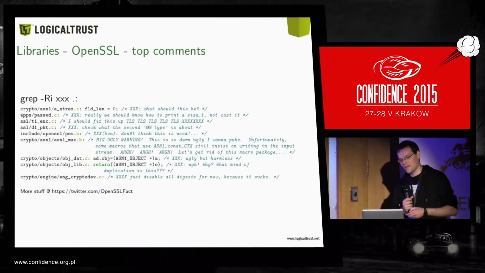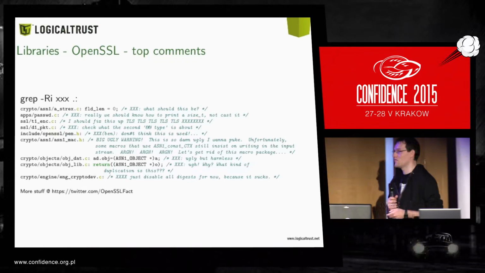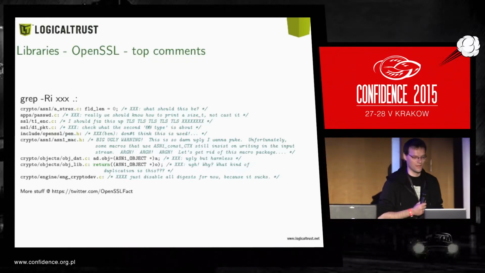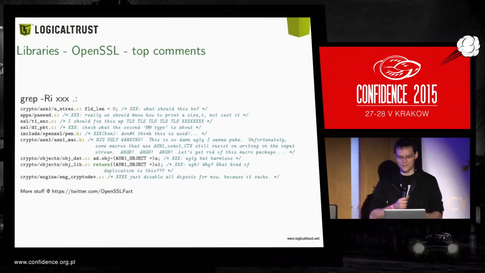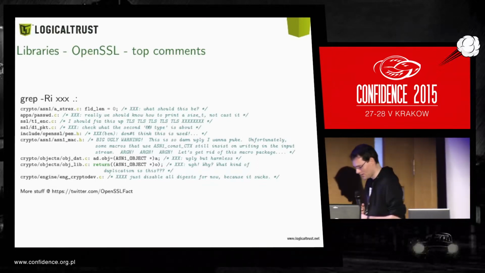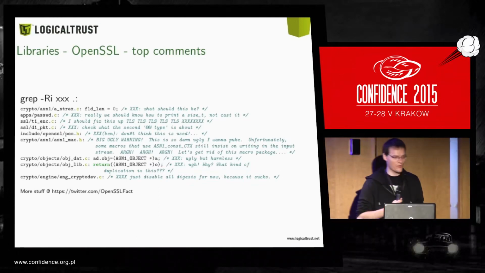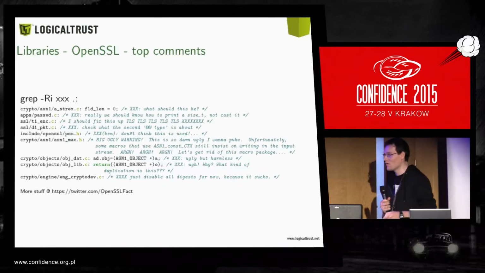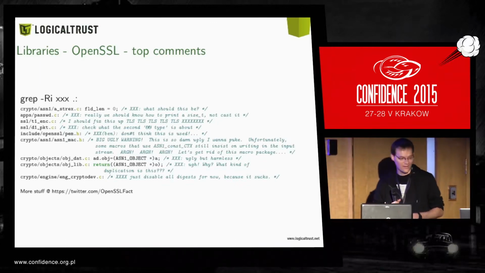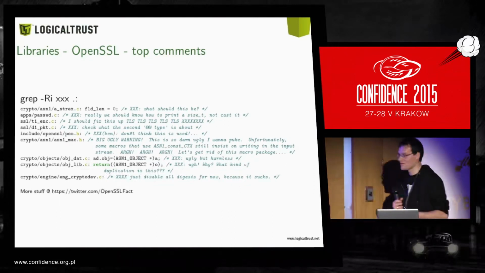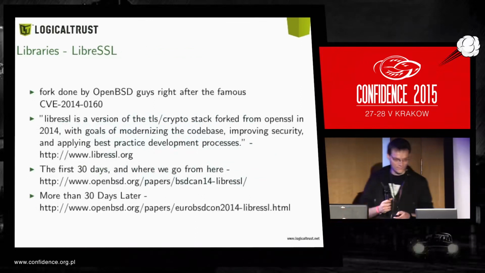Then there are many funny comments in the code. For example, "I don't know why it is initialized that way," or "don't think this is used," or "Just disabled all digits for now because it sucks." So you know, it's pretty bad that our security relies on this library. If you want more golden quotes from OpenSSL, then subscribe to OpenSSL Fact on Twitter.